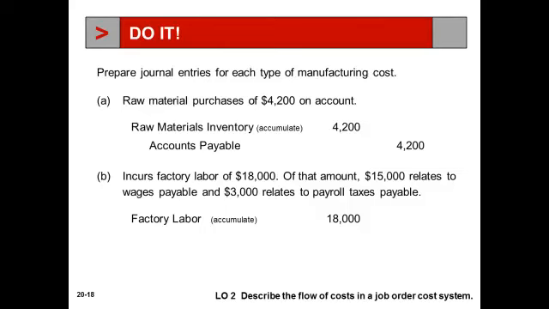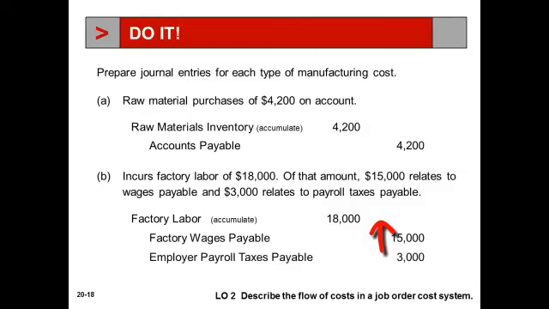This is an accumulation entry, $18,000, increasing that account. Credit factory wages payable, $15,000, increasing payables, and increasing payroll taxes payable by $3,000 with a credit. Again, both these entries are accumulation entries. They're spending entries. We have not yet assigned them to production.